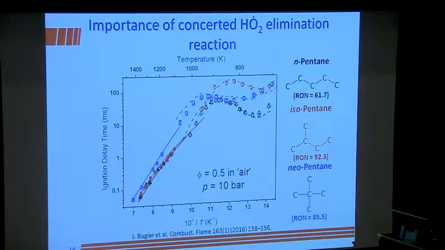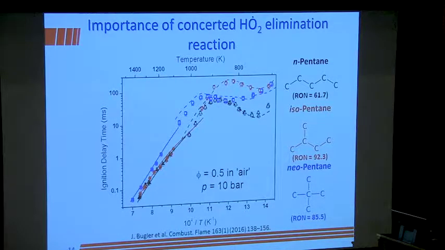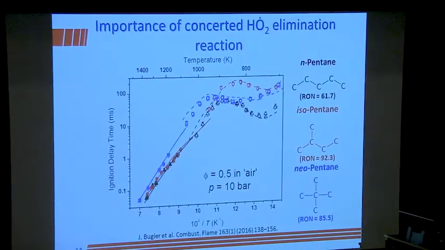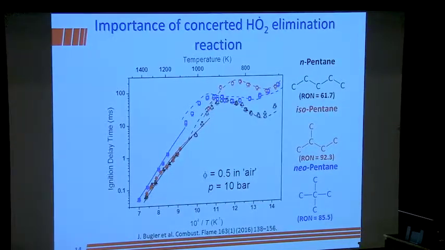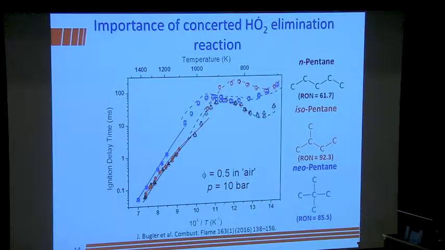Neopentane is very much different. Neopentane is very slow at lower temperatures, as slow as isopentane. But then in this intermediate temperature regime, neopentane doesn't slow down like isopentane at all. In fact, it becomes almost as fast as n-pentane.